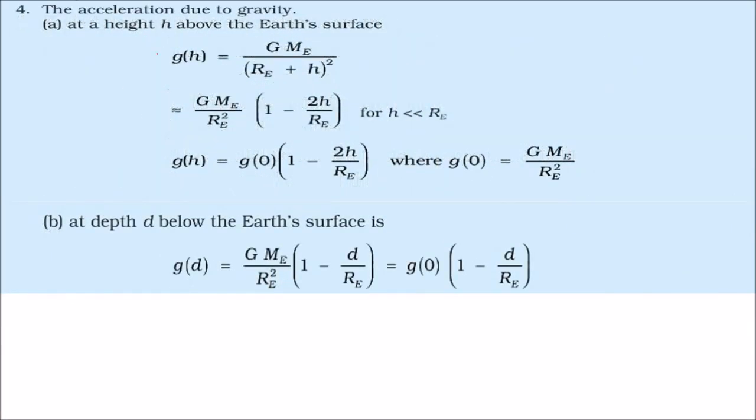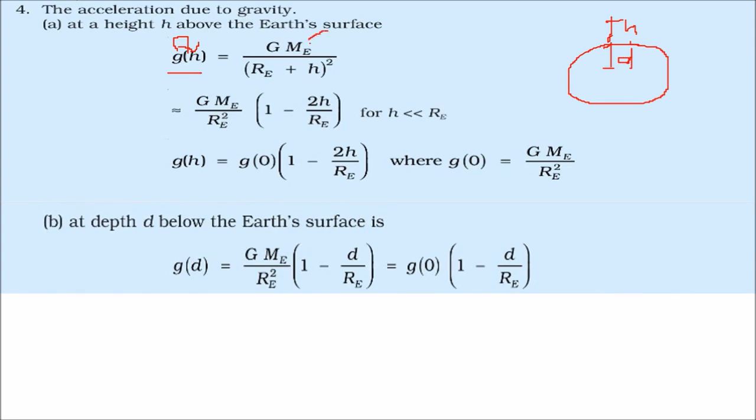For the acceleration due to gravity, there are two scenarios: one above the earth, one below the earth. Say this is d, the depth. At height h above the earth's surface, gh, that is gravity as a function of height, is given by G Me by (Re plus h) whole square.